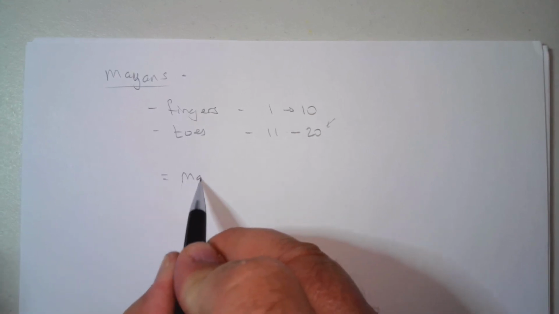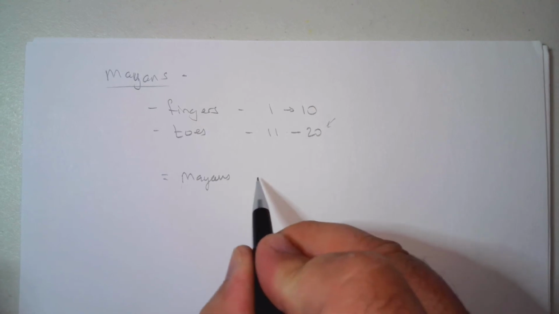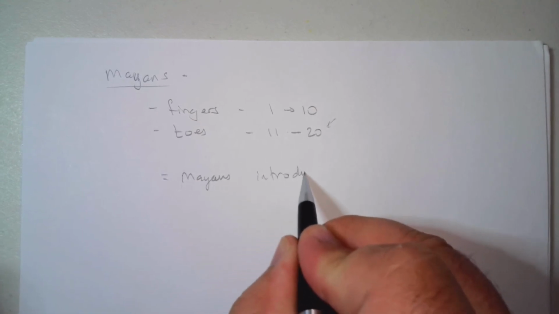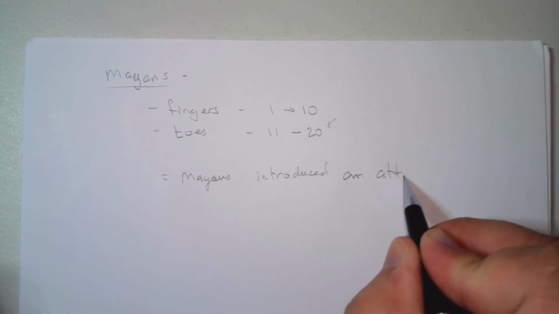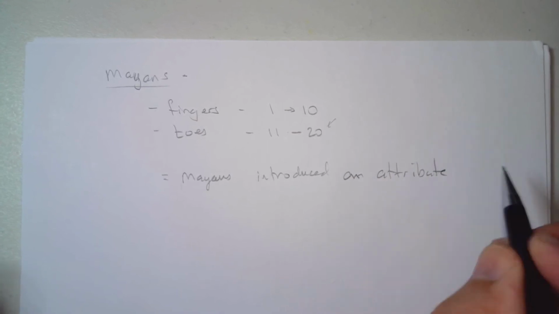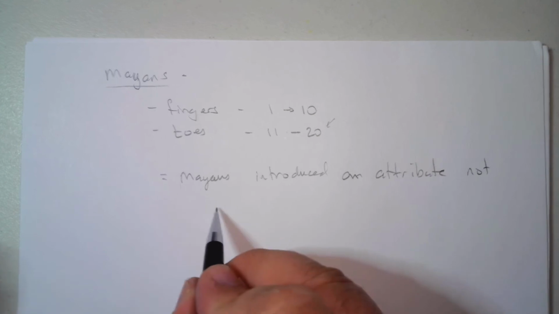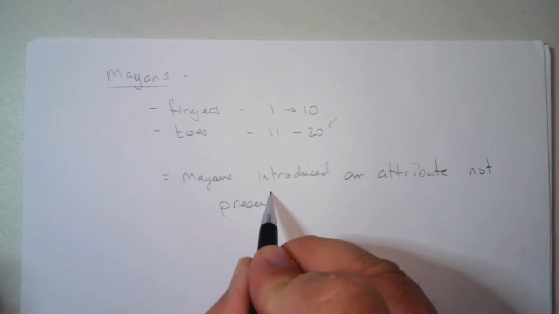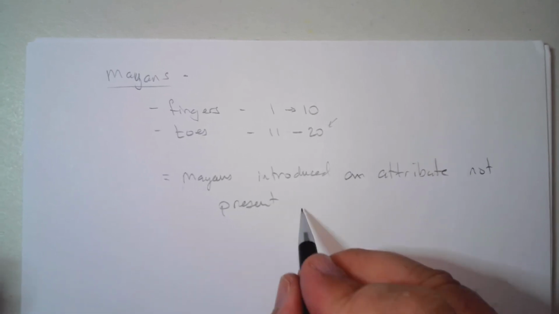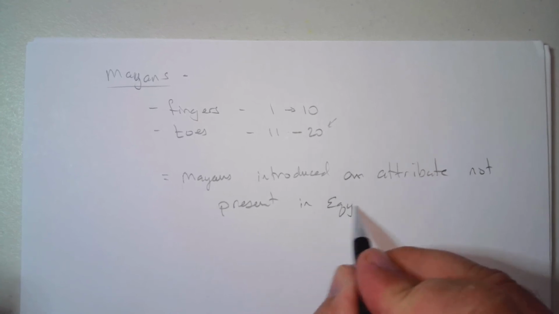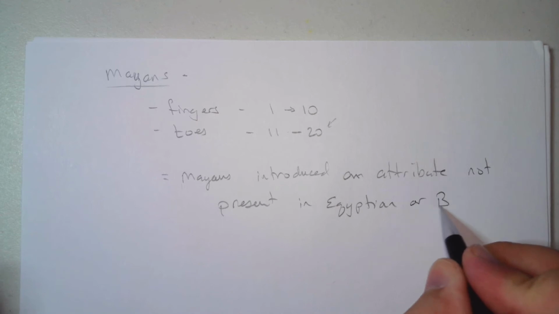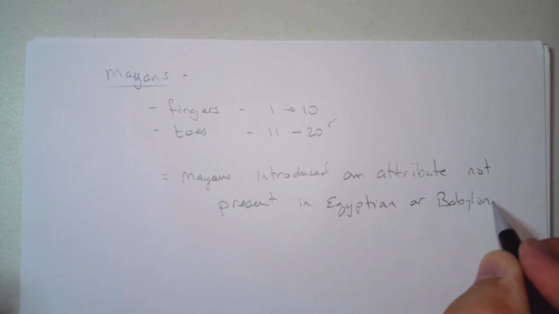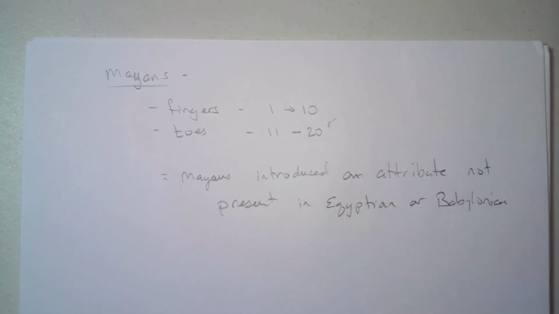The Mayans introduced an attribute not present in the Egyptian or Babylonian numeric systems.